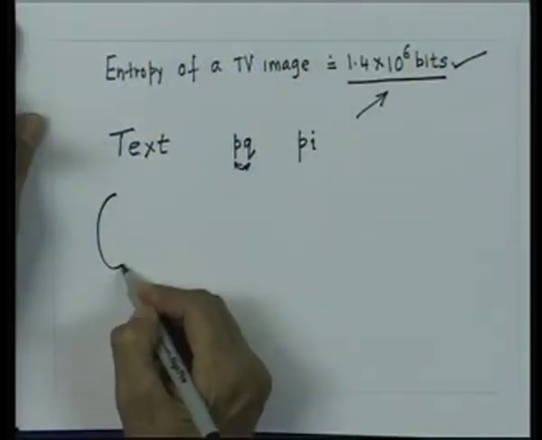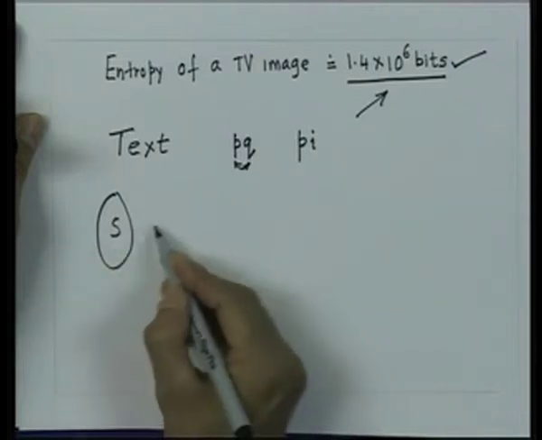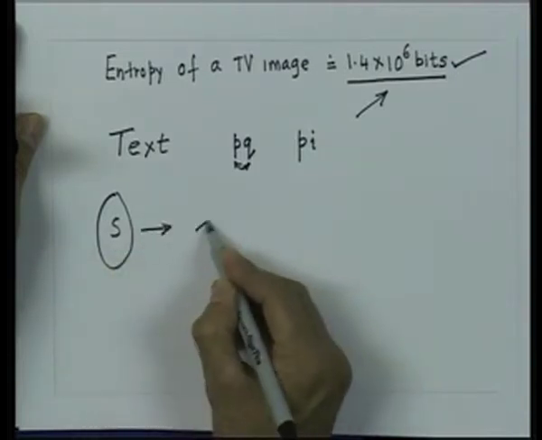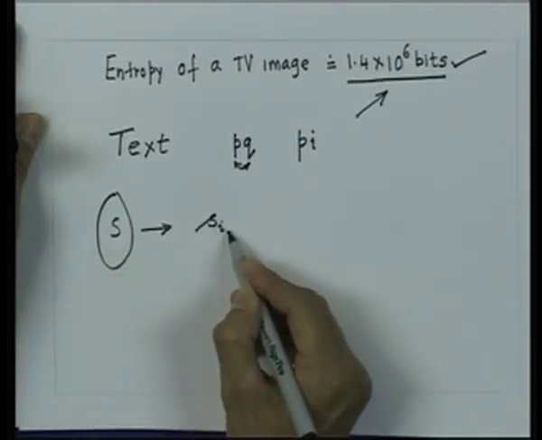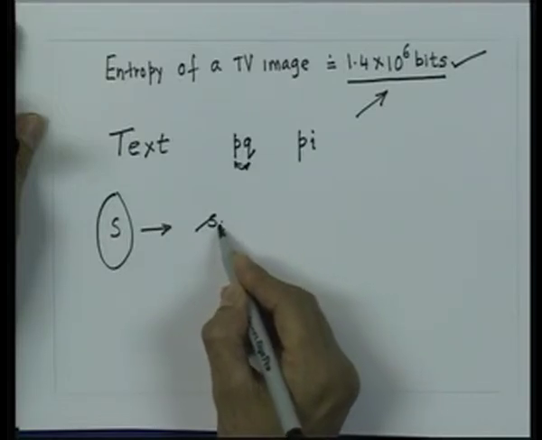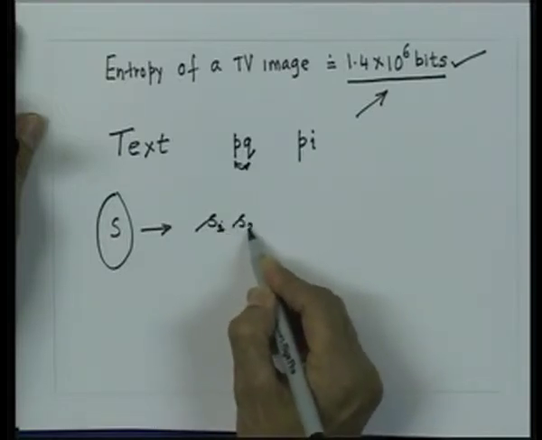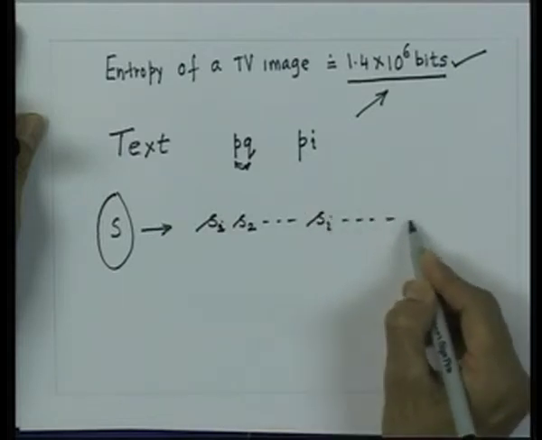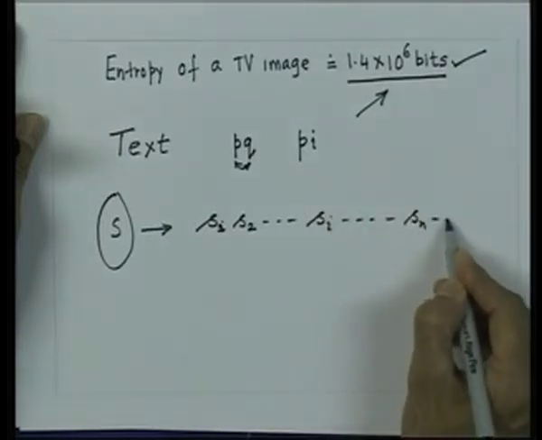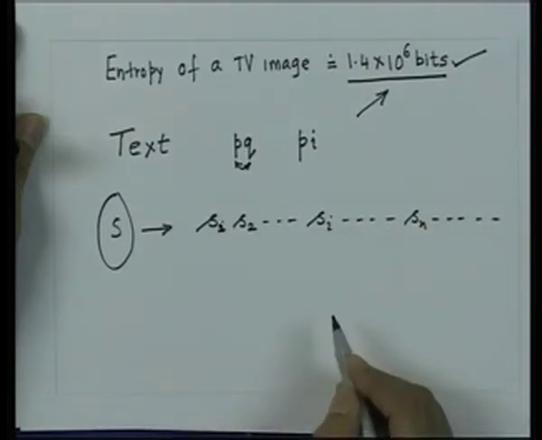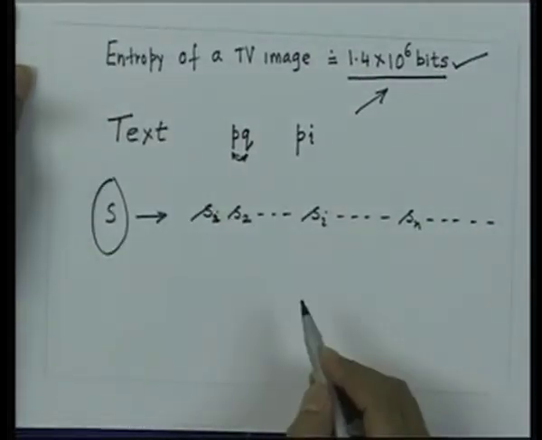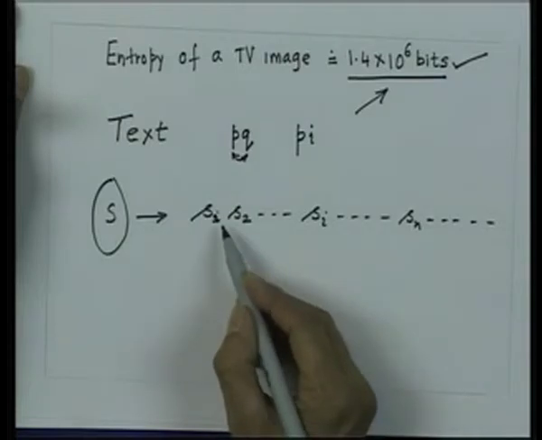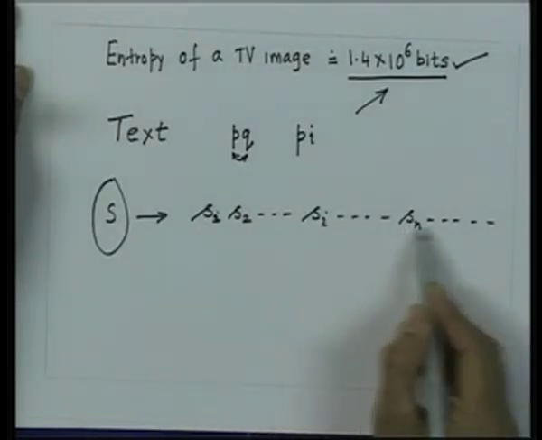If we have a source, let us say S, which emits S1, S2, Si, continuously, so far we had assumed that all these symbols are independent.